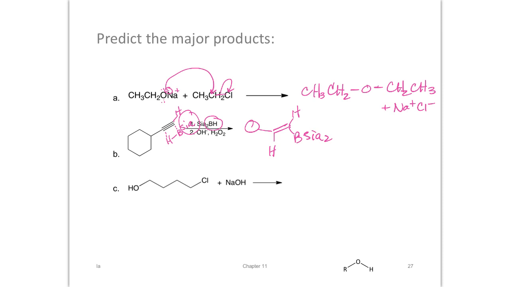And then this part, it was quite a long, complicated mechanism that ended up replacing boron. And so I'll abbreviate here and say we end up replacing the boron, and so we'll have an enol. And then we recall that an enol formation results in the keto form as the final product.